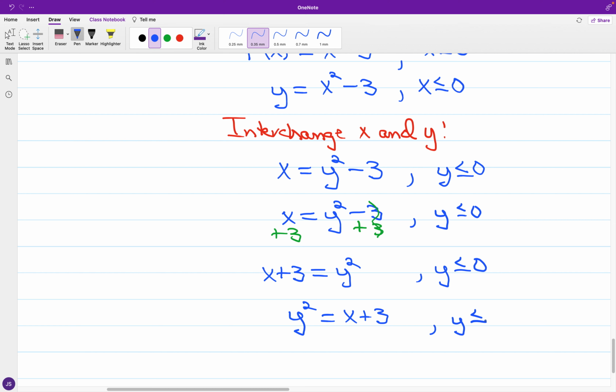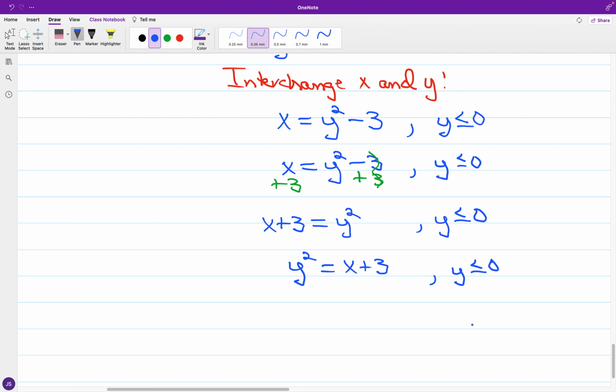You don't have to keep writing y is less than or equal to 0 repeatedly, but just keep in mind that we are going to reference the significance of this inequality. Now for y squared is equal to x plus 3, I'm going to go from y squared to y. With the square root property of equality, if you have x squared or y squared equal to p, then y would be equal to plus or minus the square root of p.